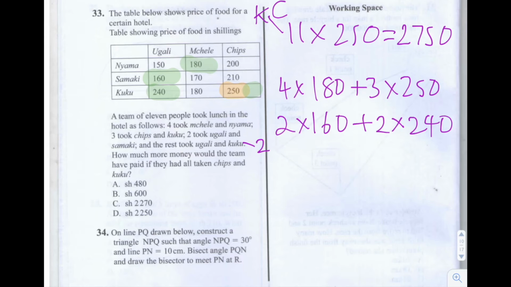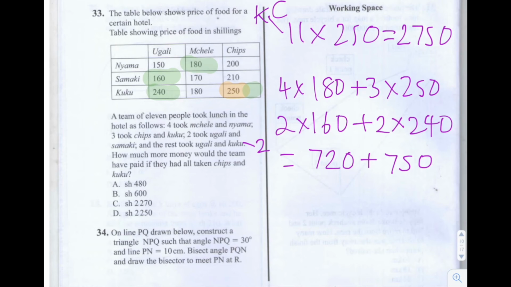So let's work out all of these. I'm going to do this quite quickly, but you can do the long multiplication yourself if you want to prove the answer to yourself to prove it's correct. But I'm just going to do this calculation quite quickly off the top of my head. So 4 times 180 is 720. Plus 3 times 250 is 750.